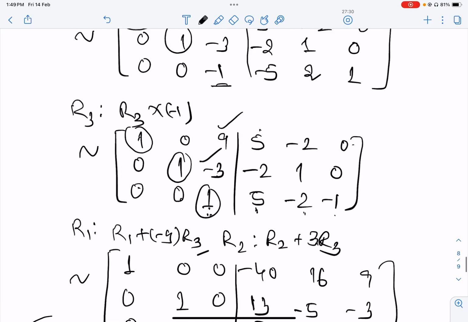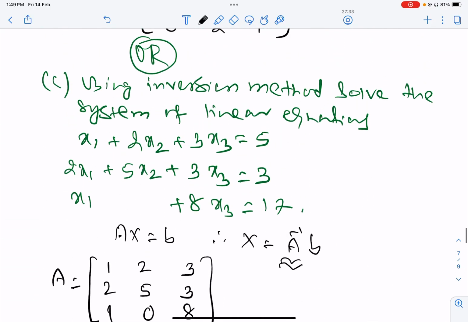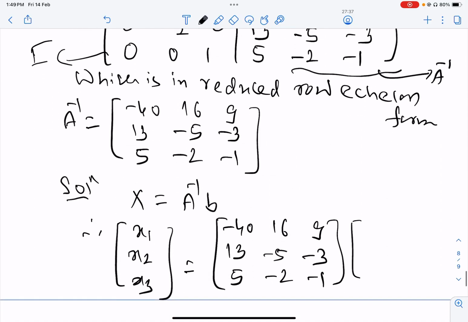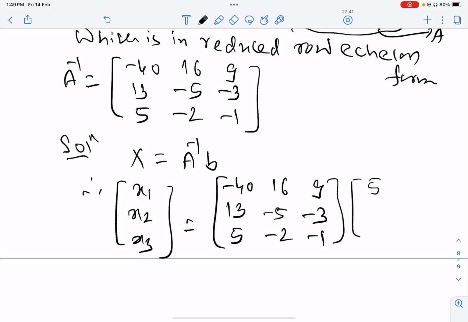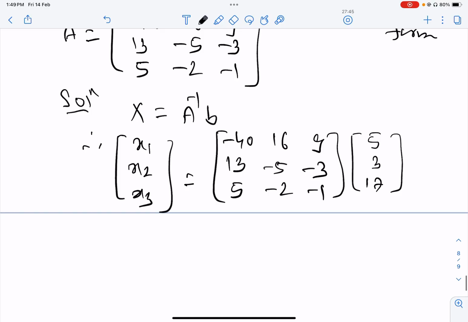And now what is B? So here you can see that B is 5, 3 and 17. So now we have to multiply these two matrices. So let us multiply.